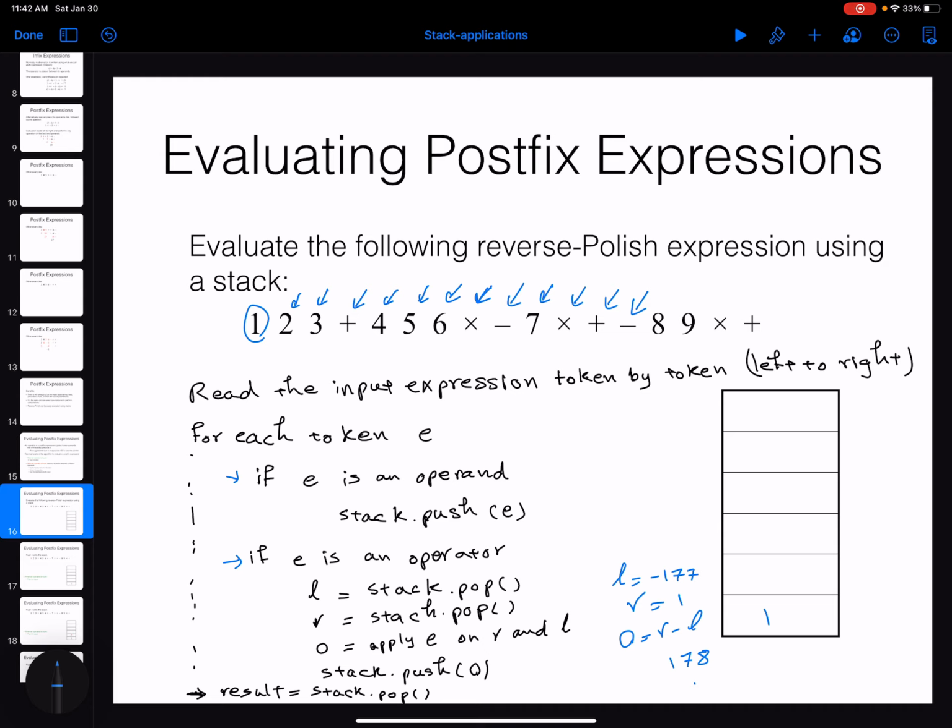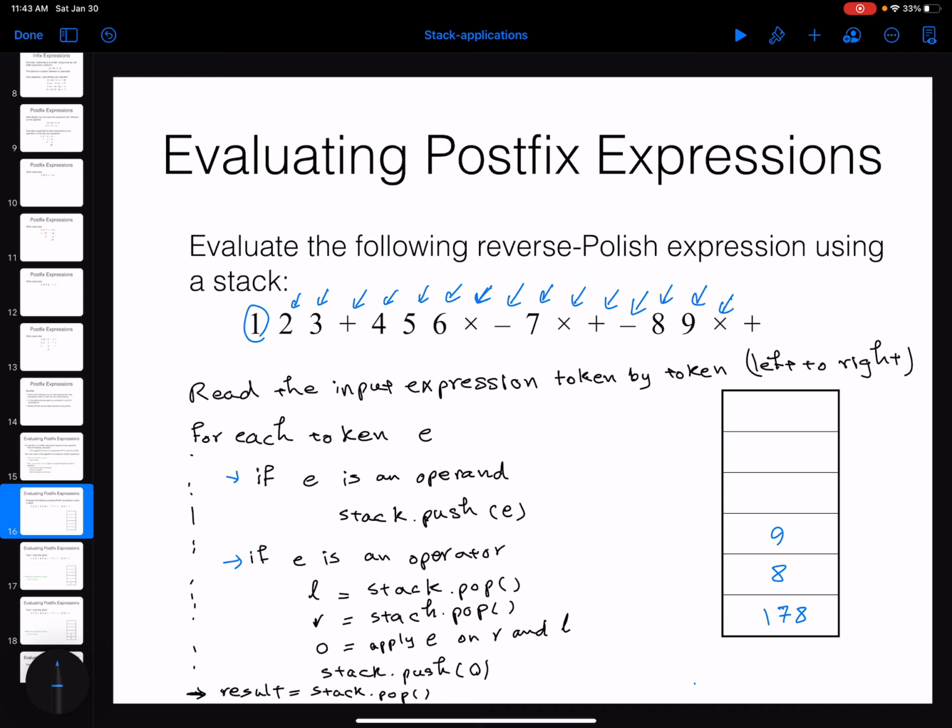You saw that even the stack became empty, but that's okay. I didn't see any error so far. So 178 will be pushed to the stack. You keep reading. 8 is an operand, push it to the stack. 9 an operand, push it to the stack.